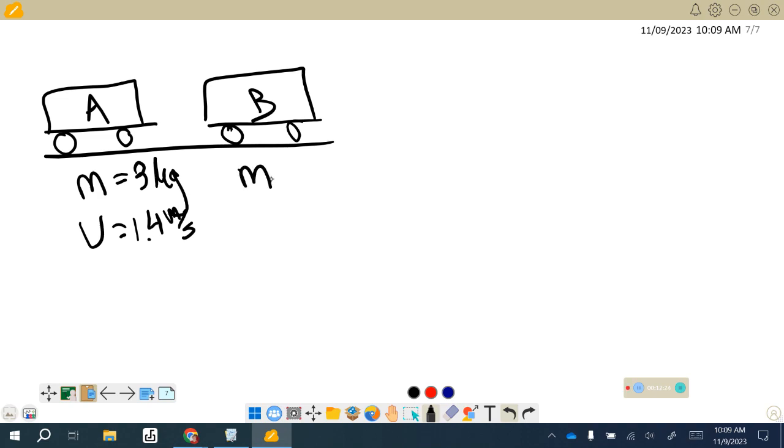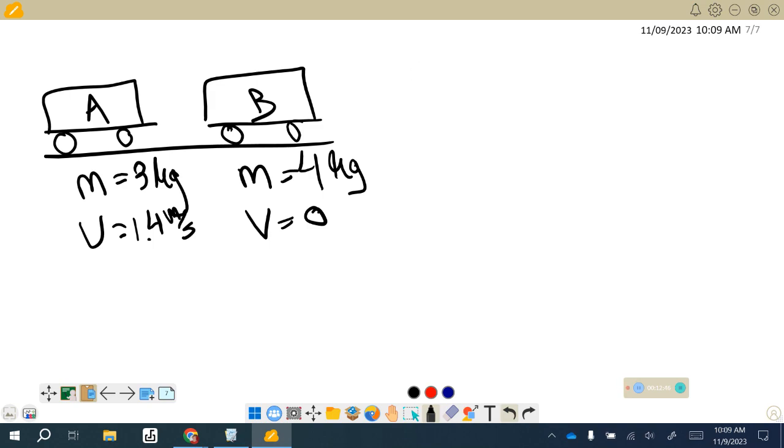Car B has a mass of 4 kilograms and is actually at rest right now. It's not moving at all. Okay. And the question is, when the two cars collide, hit and stick together, what is their final velocity going to be?